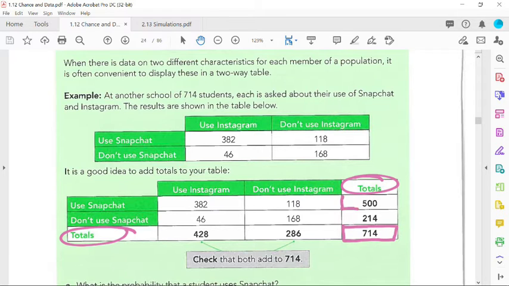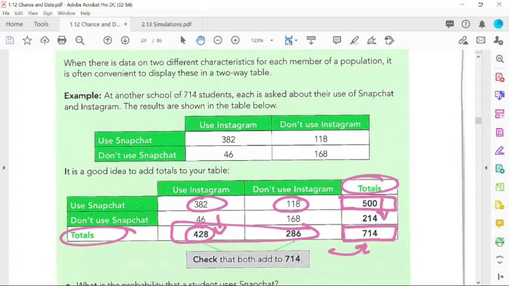The other totals are simply totals of either the rows or the columns. But these numbers need to add to this number, as well as going up and down, they need to add to that number. So be careful with your math, because most of the time you're going to have to fill in missing pieces of these. Make sure your math agrees by checking that the grand total becomes the same up and down as well as across.